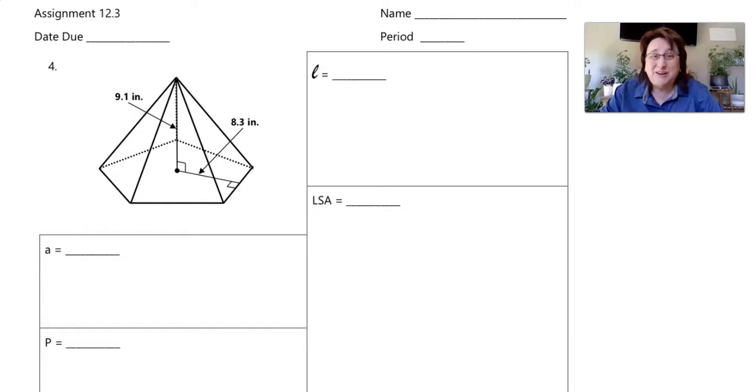All right, so down here at number 4, guys, we have a pyramid, but we have to figure out what kind of pyramid this is. Well, we're still going to name the pyramid by the shape of the base. Can you tell me what the name of this pyramid would be? Did you notice that we have a 1, 2, 3, 4, 5-sided base?